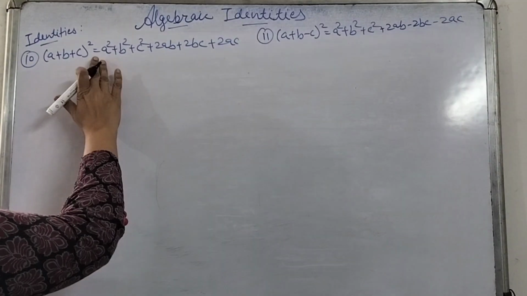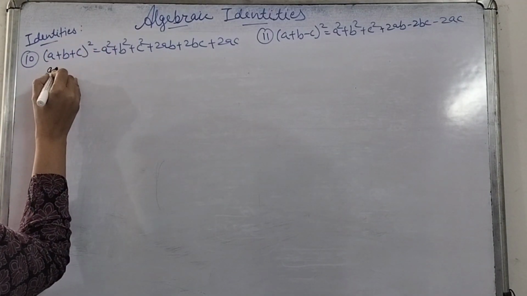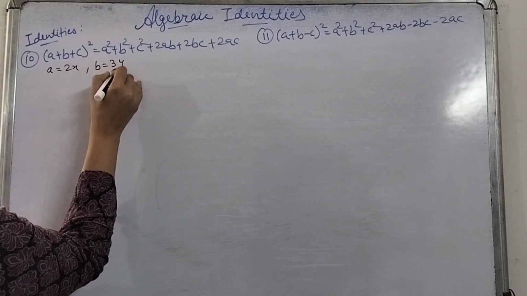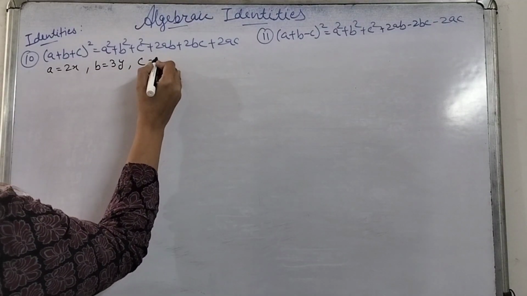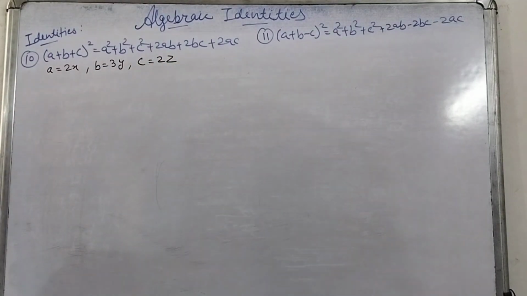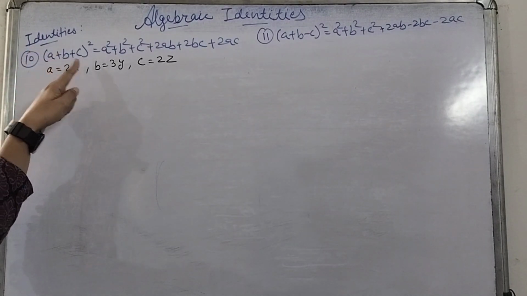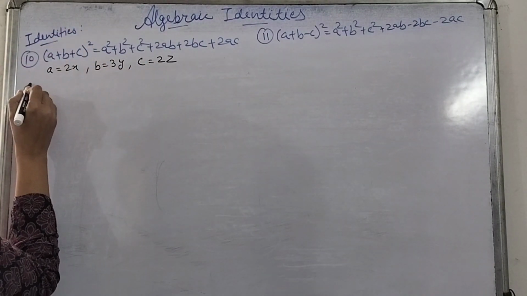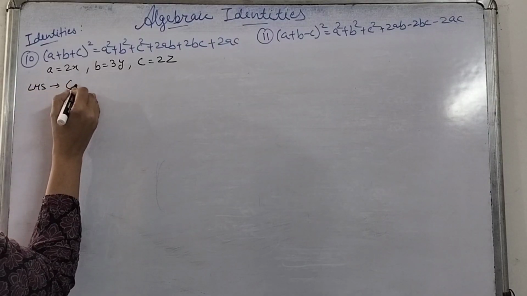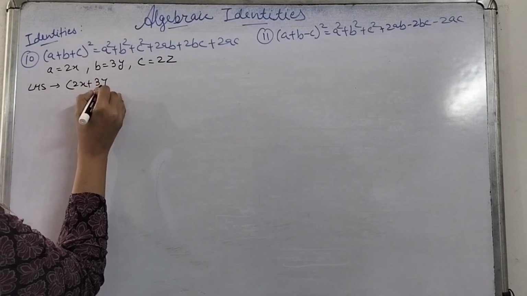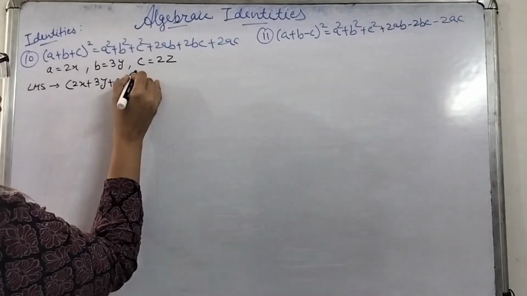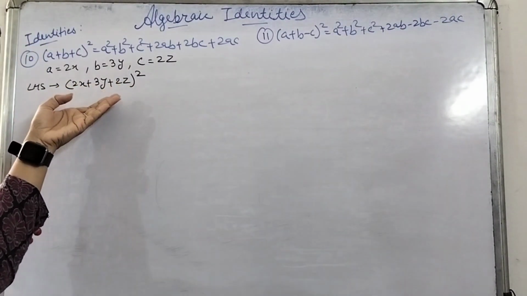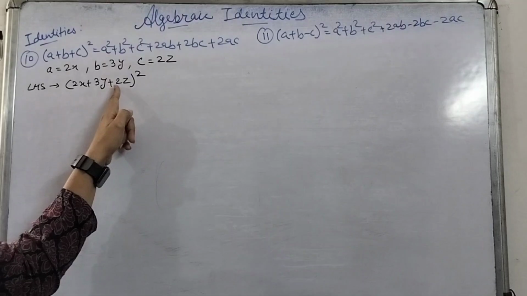Now directly we'll be using the identities. Now let's see, suppose a is 2x, b is 3y and c is say 2z. If we are replacing a by 2x, b by 3y and c by 2z, so the LHS part will be 2x plus 3y plus 2z whole square.